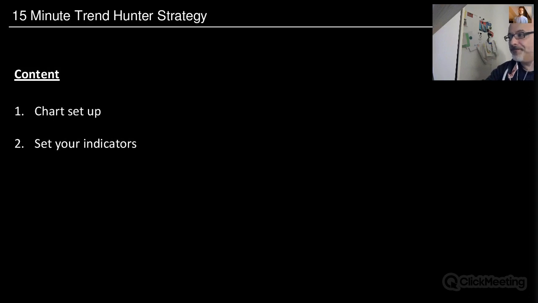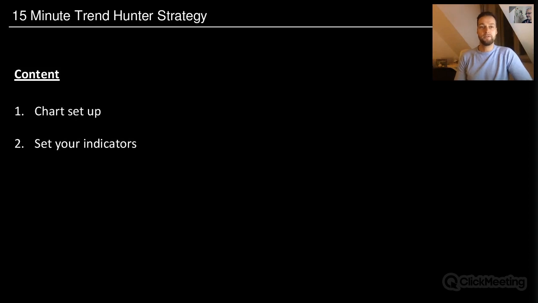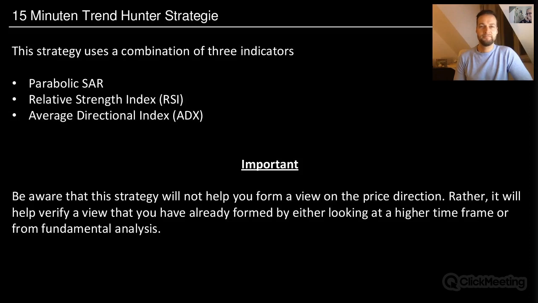As a little teaser, this strategy is the best thing for all of you who prefer working with indicators, because it is full of indicators. Today we go through setting up the chart and the indicators. The strategy uses a combination of three indicators: the parabolic SAR, the relative strength index RSI, and the average directional index ADX.